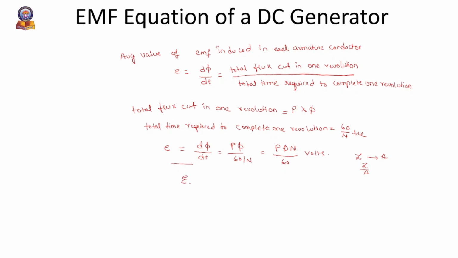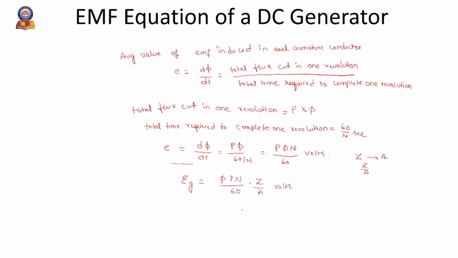So the expression for the EMF induced in the armature is written as psi P N by 60 into Z by A, because Z by A number of conductors are always connected in series. The EMF equation is written as psi Z N by 60 into P by A. So this is the expression for EMF induced in a DC generator.